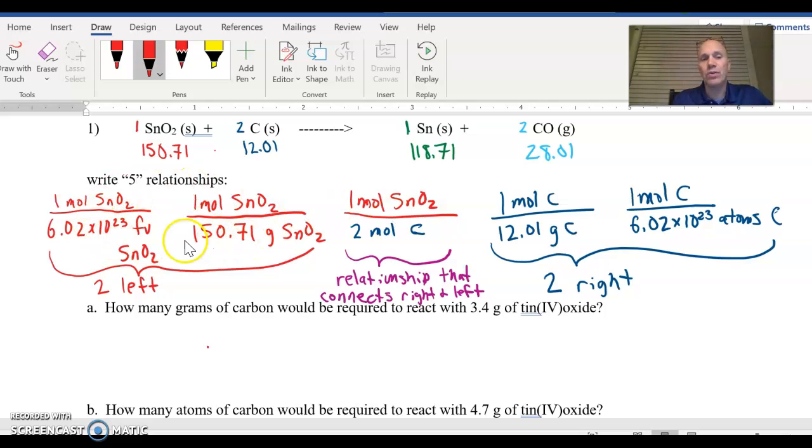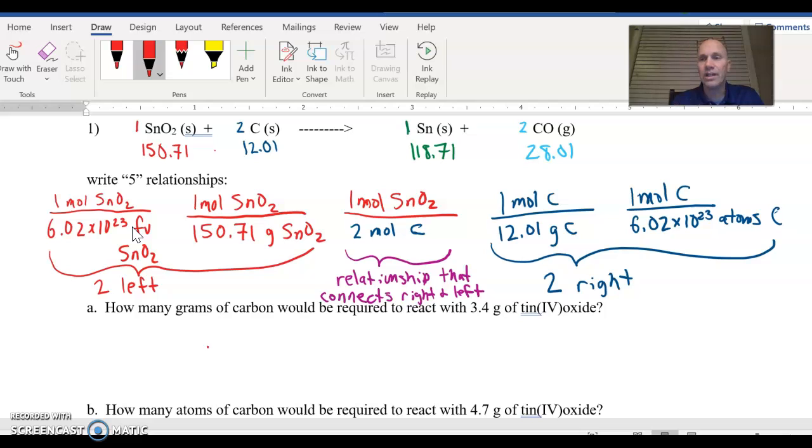The thing about the 2 relationships that you do is that it's always the same thing. The first of these is going to be just saying 1 mole is a certain number of particles. This relationship is like saying 1 dozen of something is 12 of something.